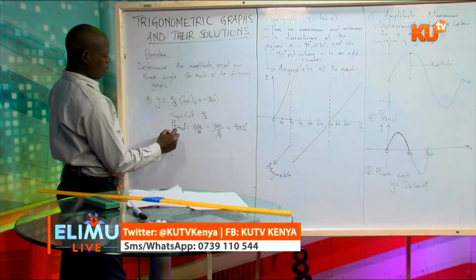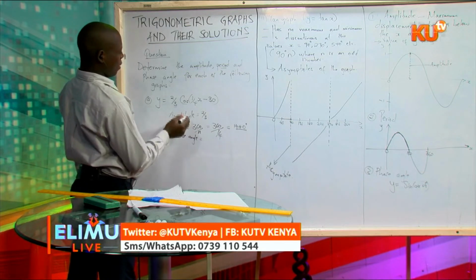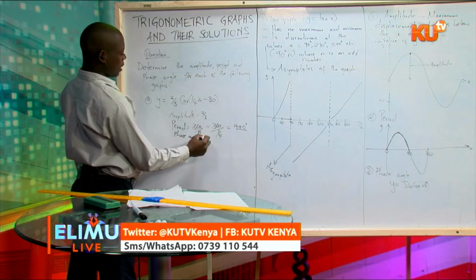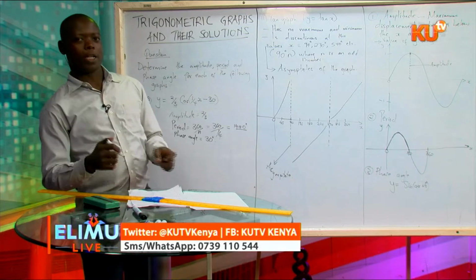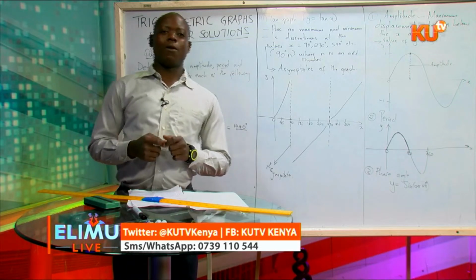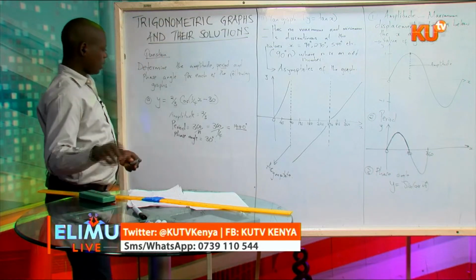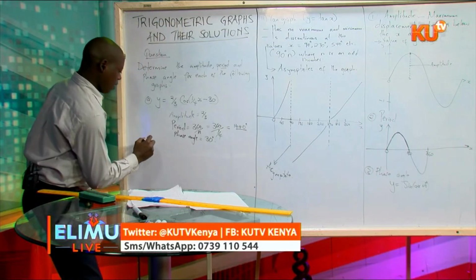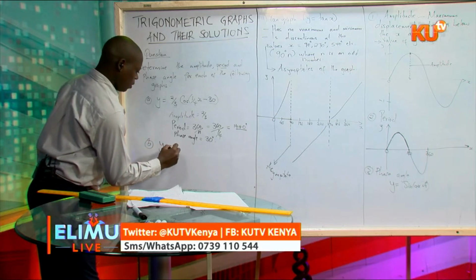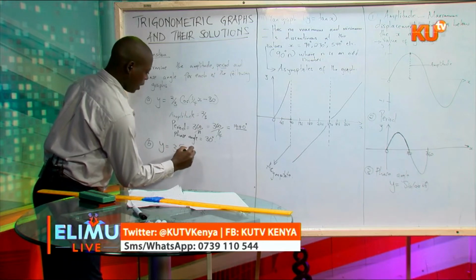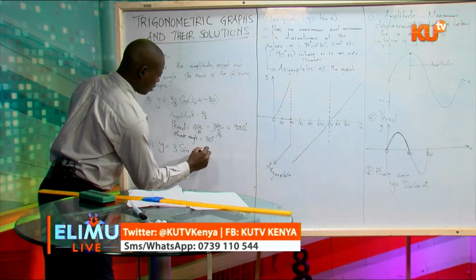And the phase angle will now be the angle difference, and in this case is 30 degrees. That is 30 degrees. So that is how we will identify such kind of values from a question like what we have. If, for example, we have another one, y is equals to 3 sine 2x plus 45.